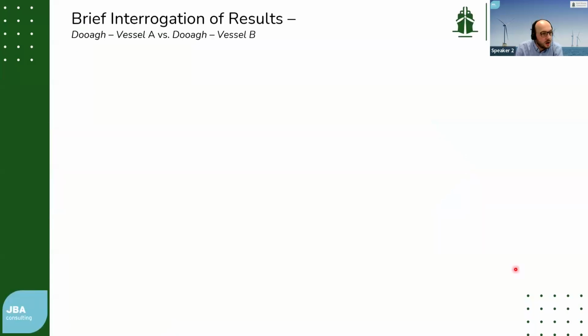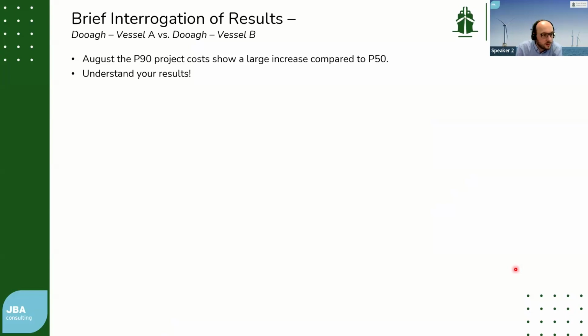And we want to do a comparison between installation between the two vessels, and we could see in our results that the P90 project cost showed a large increase compared to the P50 in August, particularly for vessel A. And we really wanted to understand our results because when you're presenting this to a client or even an installation contractor, you really want to understand the risks so you can populate your risk register.